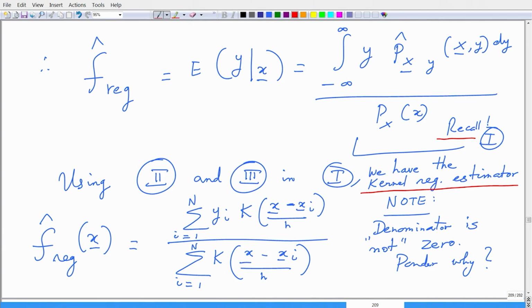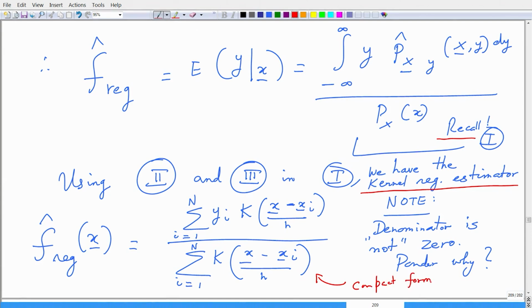So, this is basically summation I equals 1 to n y suffix I, the kernel evaluated at x minus xi upon h, upon summation I equals 1 to n, the kernel acting on x minus xi upon h. Okay, this is a compact form.